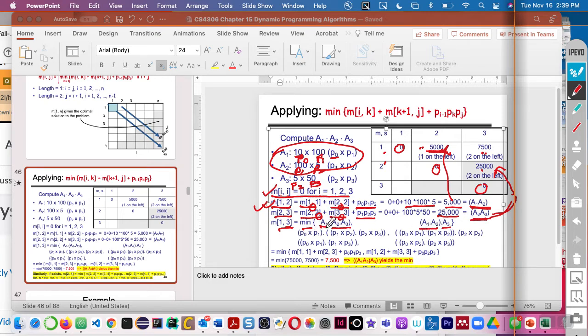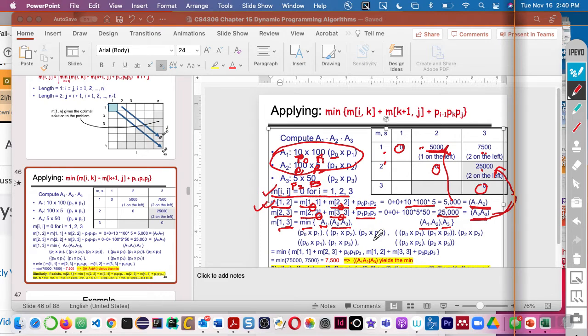Our goal is to select the minimum of the two. Matrix A1 is P0 by P1, A2 is P1 by P2, and A3 is P2 by P3.